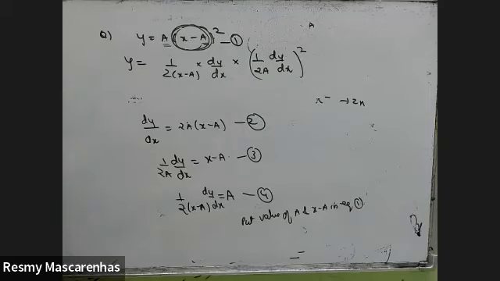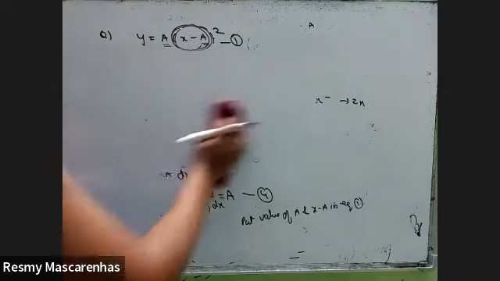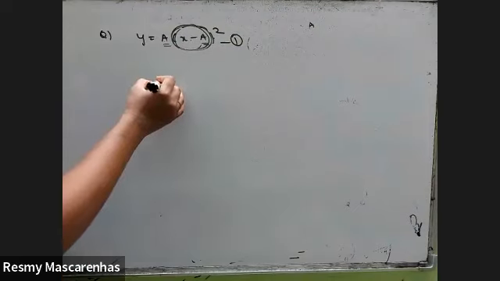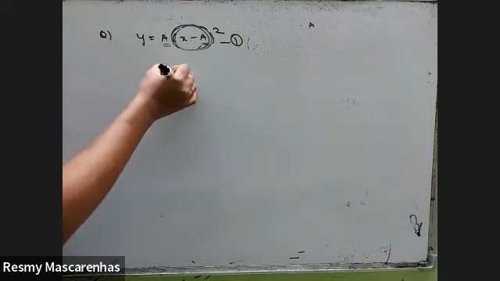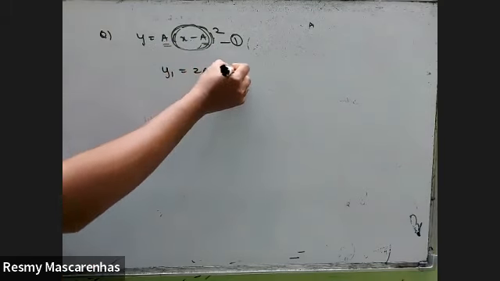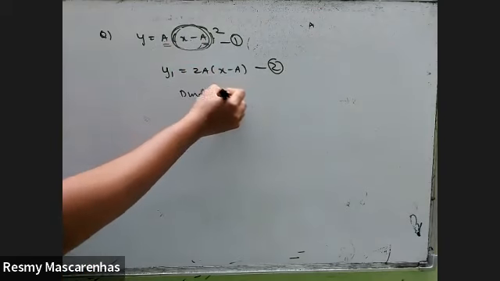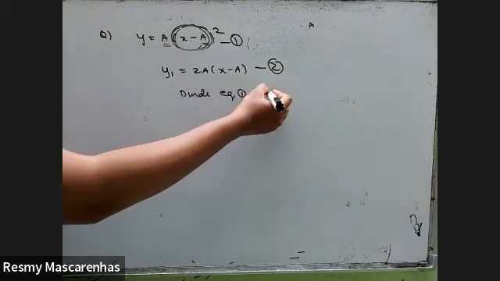So the only way is we'll divide equation 1 by equation 2. So this was equation 1, this is equation 2. So we'll divide equation 1 by equation 2.